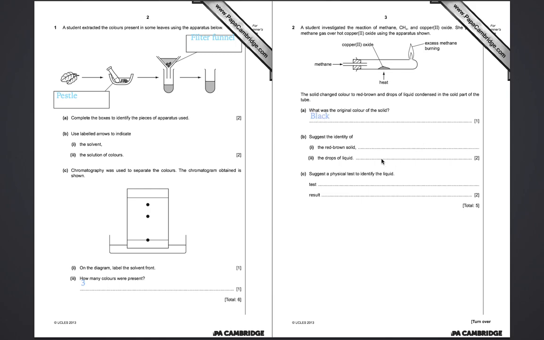Suggest the identity of the red-brown solid. So CH4 plus CuO will produce, let's write the equation here, CH4 plus CuO to produce H2 plus H2O.